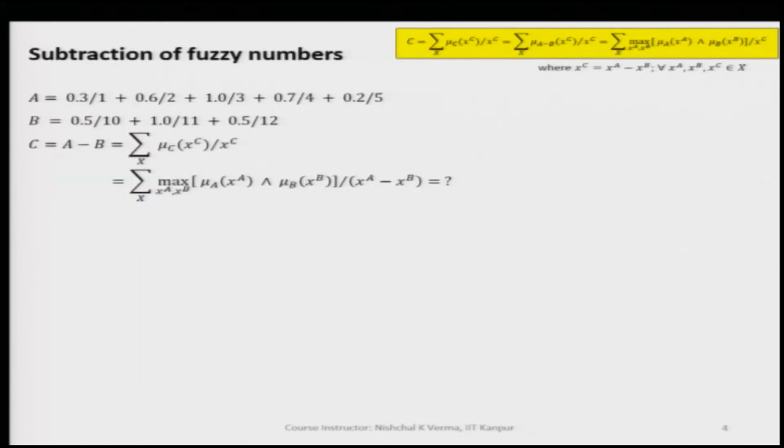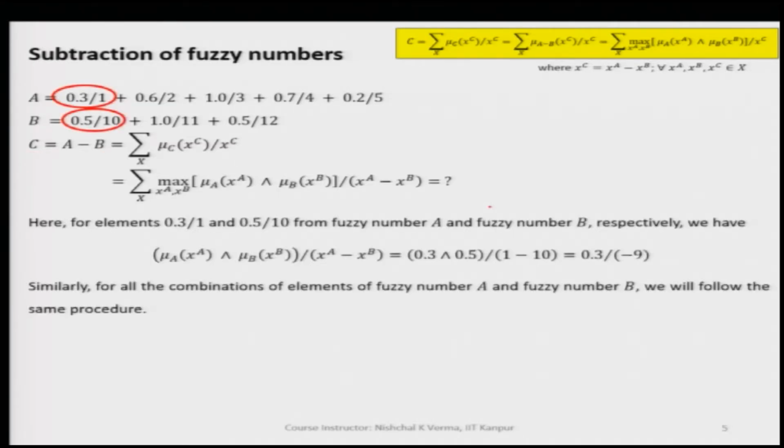So, let us now apply the formula that we have just seen and see what is resulting. So, C is equal to A minus B, C is the resulting fuzzy number here, and this is equal to the fuzzy number A minus fuzzy number B. And when we apply this formula, let us see what is happening.